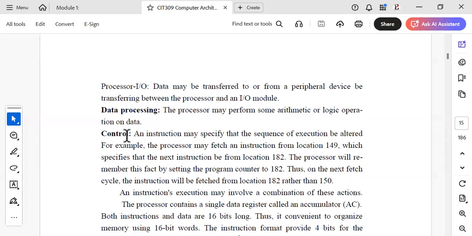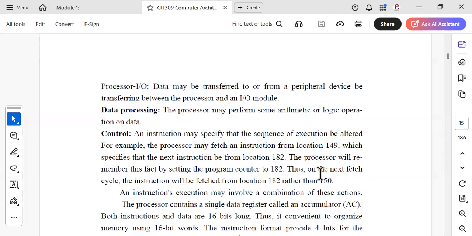And then finally, control. An instruction may specify that the sequence of execution be altered. For example, the processor may fetch an instruction from location 149, which specifies that the next instruction is from location 182. Now, the processor will remember this fact by setting the program counter to 182.